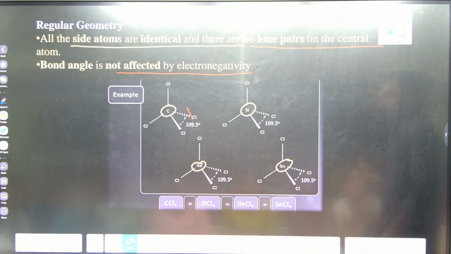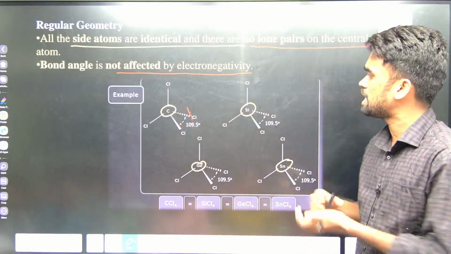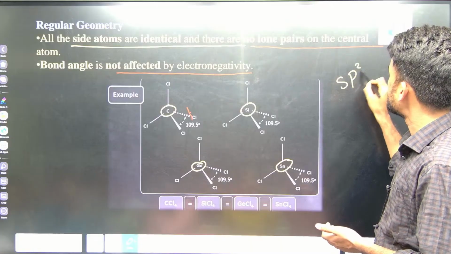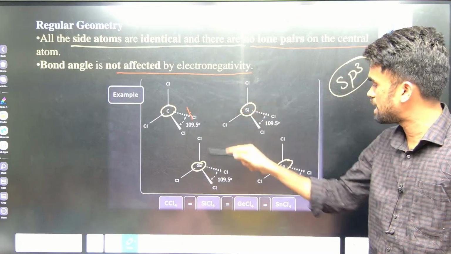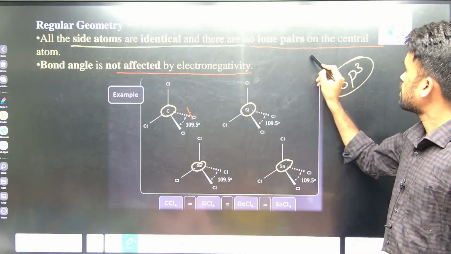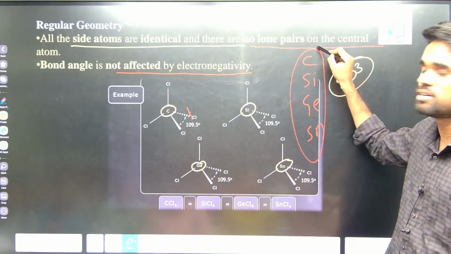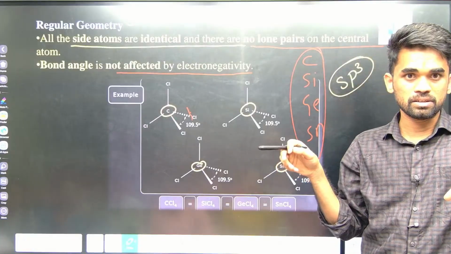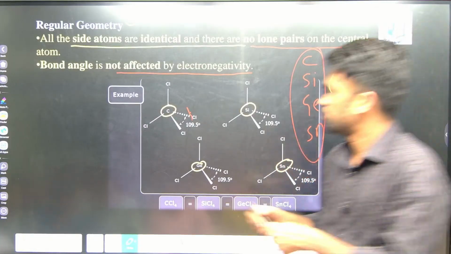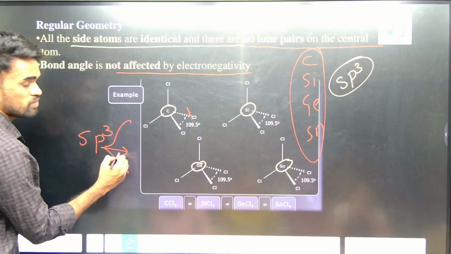So if you see, in all of these we have sp3 hybridization only. Do we have any lone pairs on any of these atoms? Carbon, silicon, germanium, tin belong to the same group elements now. So whenever we have regular geometry, with sp3 hybridization, what are the possible structures?